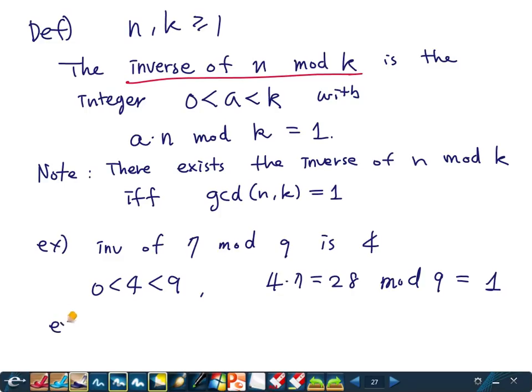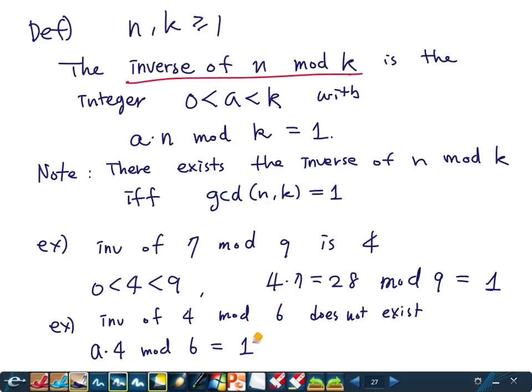But sometimes the inverse does not exist. The inverse of, say, 4 mod 6 does not exist. Why? 4 and 6 are not relatively prime. The GCD is not 1. So for 4, can you find something? Does 8 times 4 mod 6 equal 1?